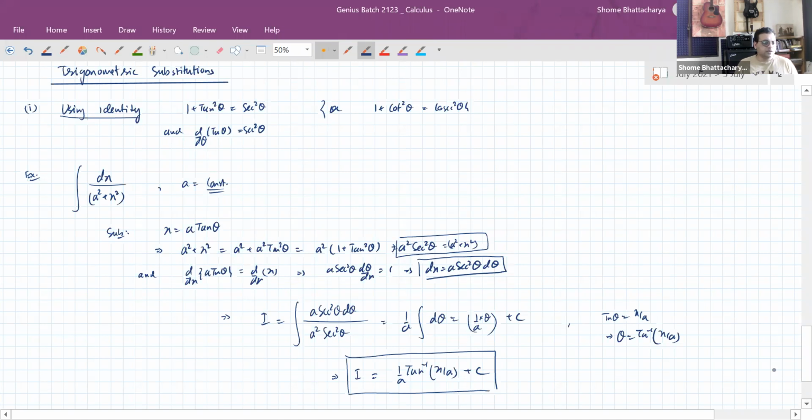Okay, but another thing we'll see is that this is useful for not only this particular function, which is based on the function 1 upon 1 plus x square. Just the 1 is replaced with a square. So a bit of a modification. x is substituted as a tan theta instead of tan theta. But it can also be used in a variety of integrations of a certain pattern. That's what we'll look at next.